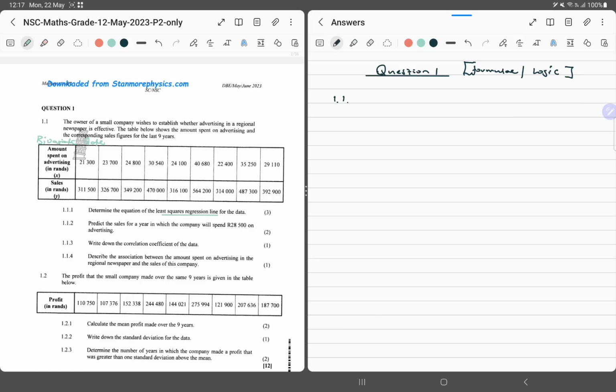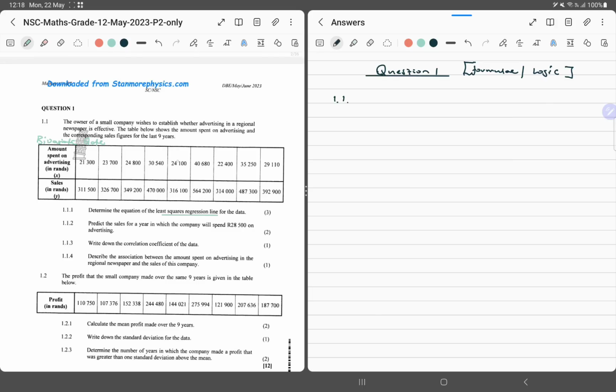Then 370,000, 316,100, 564,200, 314,000, 487,300, and 392,900. Okay, so guys, once you get to this, how many panels do we have here?